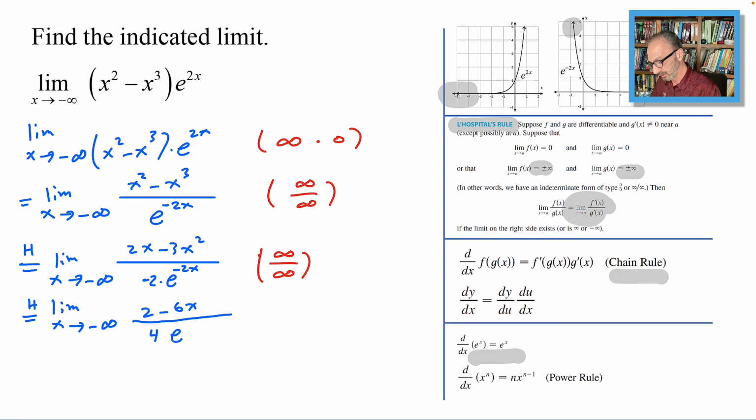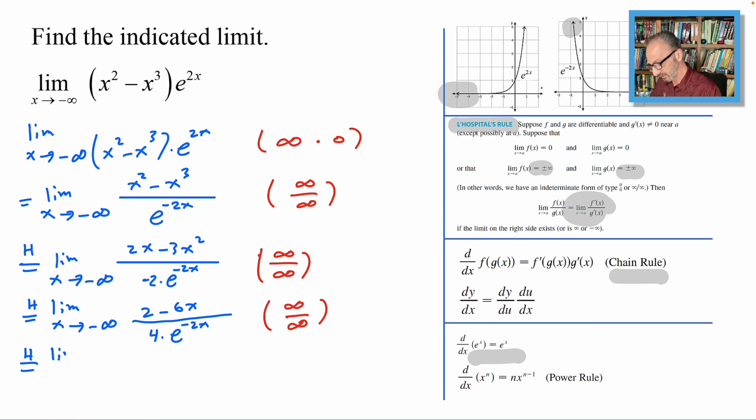E to the minus 2x. This is also of the form infinity over infinity with the same argument. Let's apply the derivatives and apply L'Hopital's rule again.